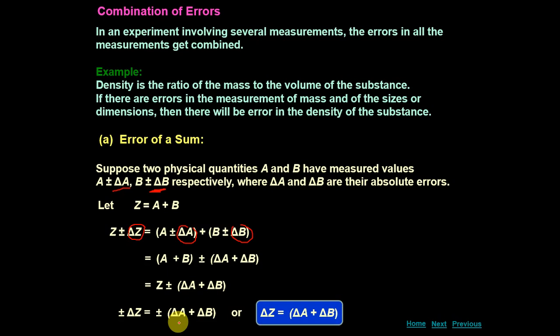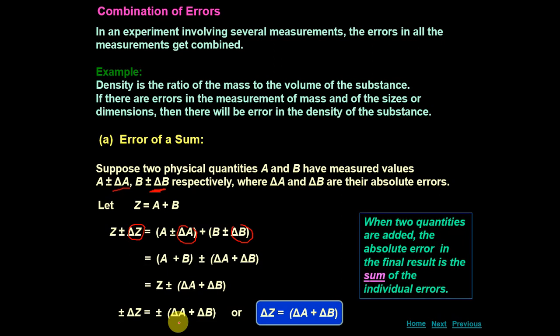So ΔZ = ±(ΔA + ΔB). When two quantities are added, the absolute error in the final result is the sum of the individual absolute errors. If you are taking the sum of two lengths and want the absolute error in the sum, just take the sum of the two absolute errors.